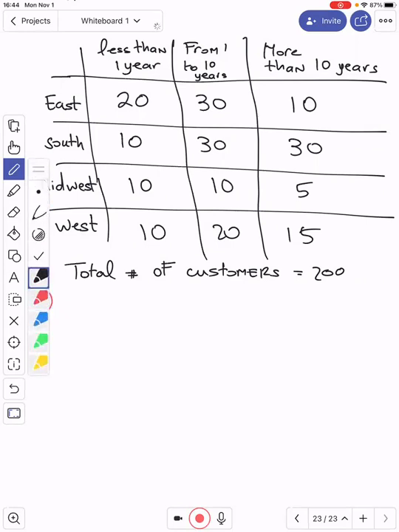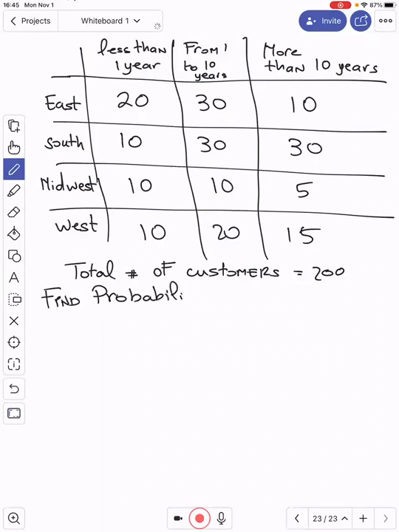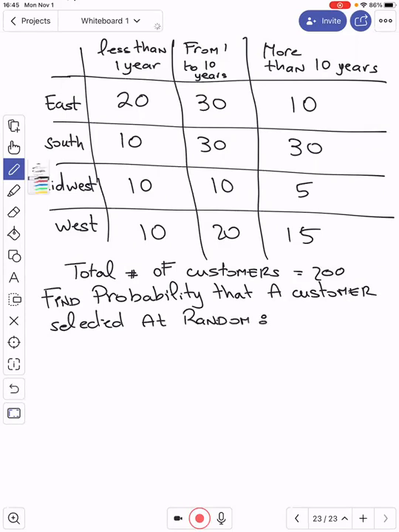So we need to find the probability that a customer selected at random has been loyal for less than 1 year.